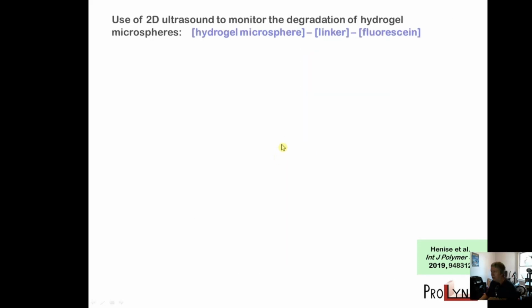And then they did 2D ultrasound as just another cool experimental technique to monitor the degradation of the hydrogel microspheres. Same framework, hydrogel microsphere. They have a linker. They're using fluorescein, which is just a fluorescent dye. So it's not really a drug as such, but they're using it as kind of like a potential drug.